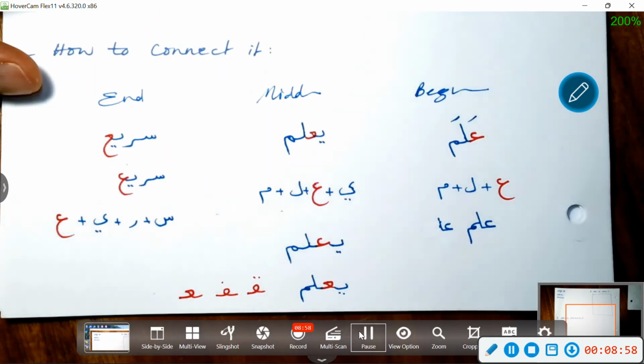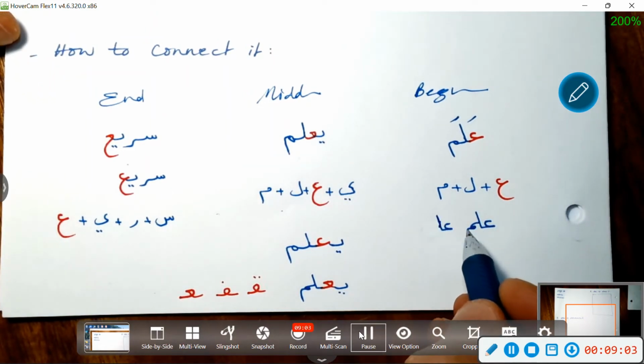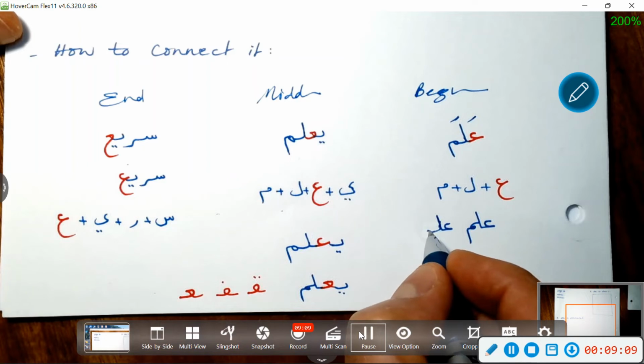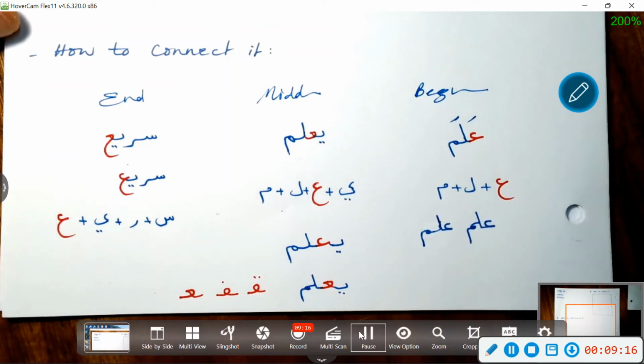So when lam is connected to ayn, it can be connected from the top but ayn stays at the bottom, or can be connected from the side like I did here. Both are correct.